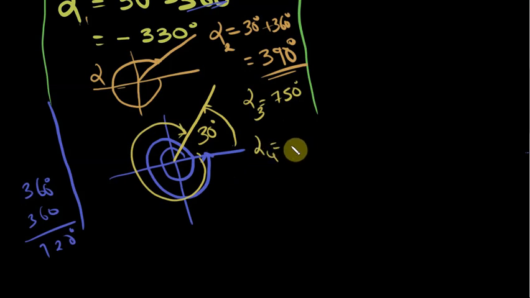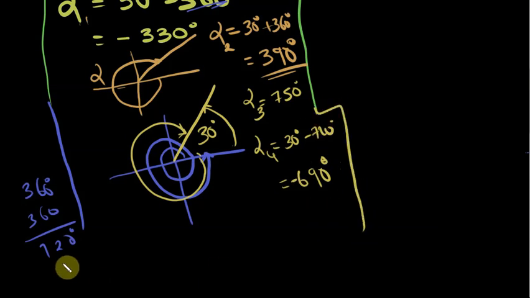That will give me a fourth coterminal angle, which will be 30 degrees minus 720, which gives us negative 690 degrees. Okay, and so on and so on.